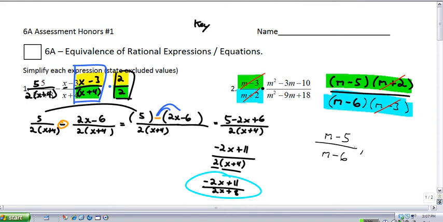And I'd say, well, is that equivalent to what you started with? And you should say, well, I started with the green stuff on top and the blue stuff on bottom. And you'll notice with where I started, m was not going to be able to be 3 or -2 or 6.